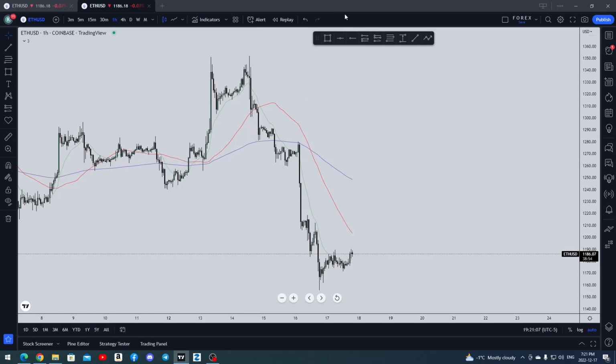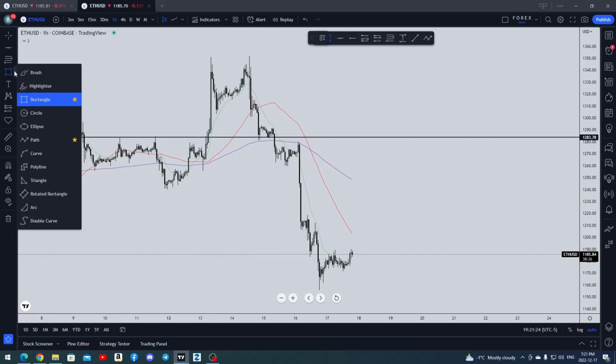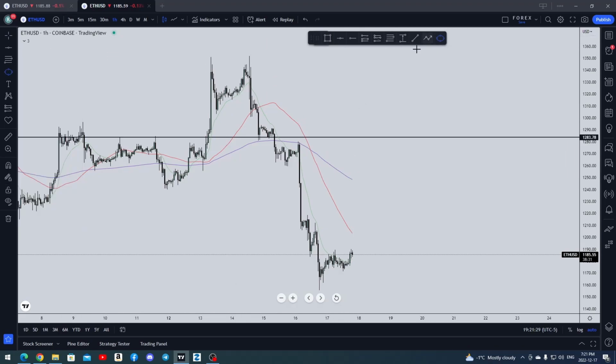So I'll start with this price action right here. I want you to notice a couple of things, and I'm going to draw a quick horizontal line right here. And what I want you to notice is you have multiple support and resistance, resistance, resistance, resistance.